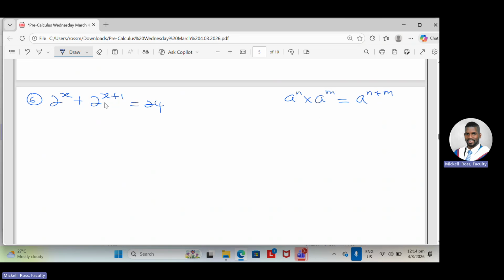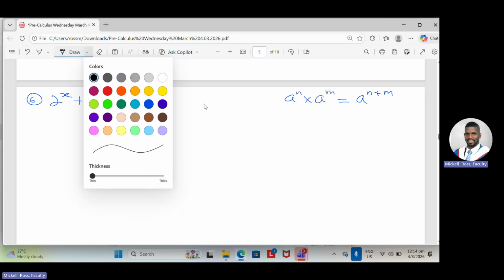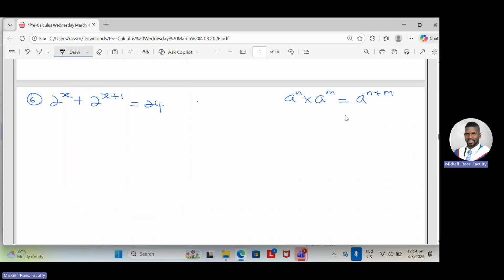So I want to draw the parallel with what we have right here. If we have 2 to the x plus 1, how would we write this in what could be considered its expanded form, with each power having its own base? It's going to be 2 to the x times 2 to the 1, right? Because that's how we would get it.